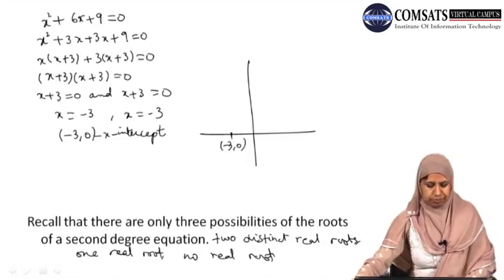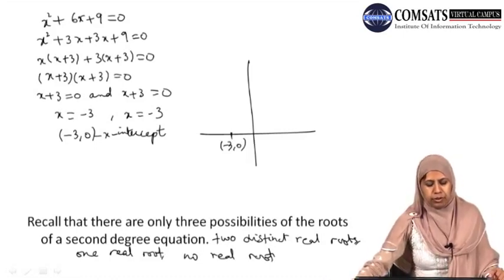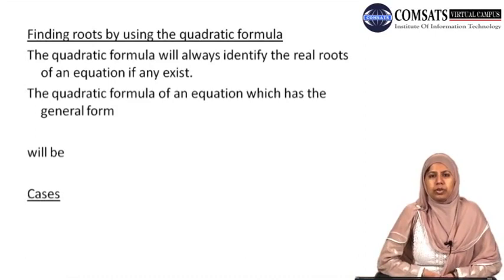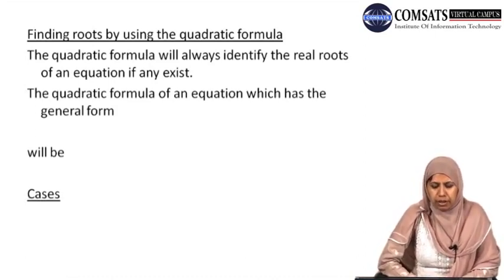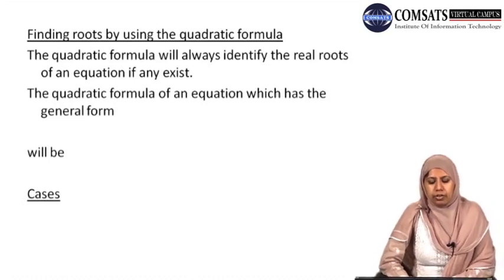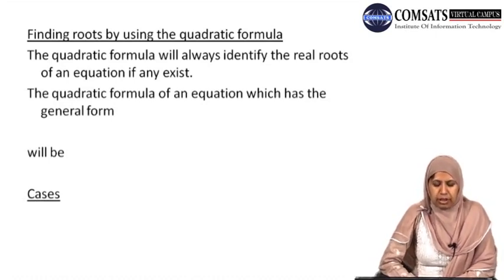Now we want to find the roots of our quadratic equation with the help of the quadratic formula, and the quadratic formula will always identify the real roots of an equation if any exist.